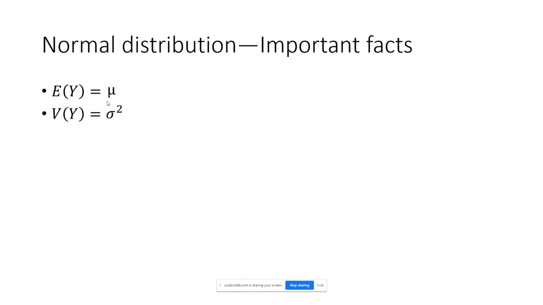So sigma is the standard deviation. And we can prove both of these using moment generating functions, which we'll see next week or the week after.